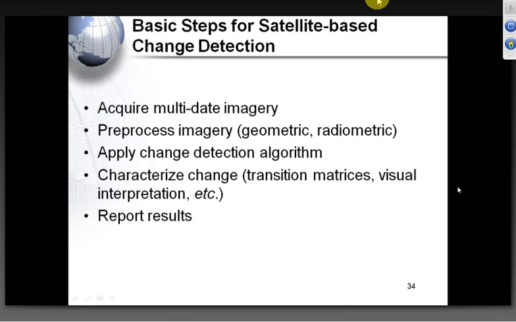Bitemporal means the same particular area. Then apply a change detection algorithm, characterize change in the form of visual interpretation or transition matrices, and report the results.